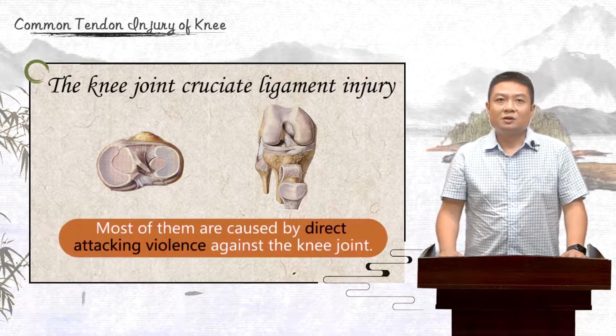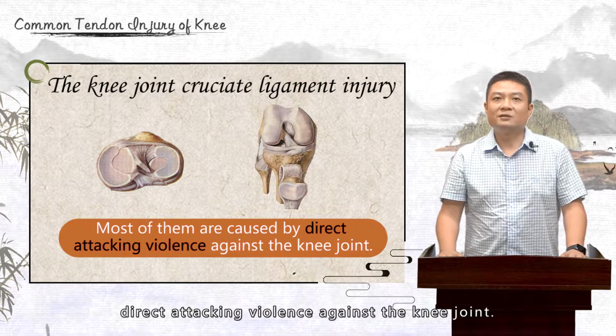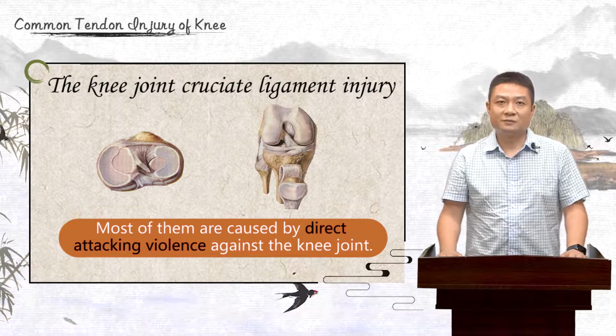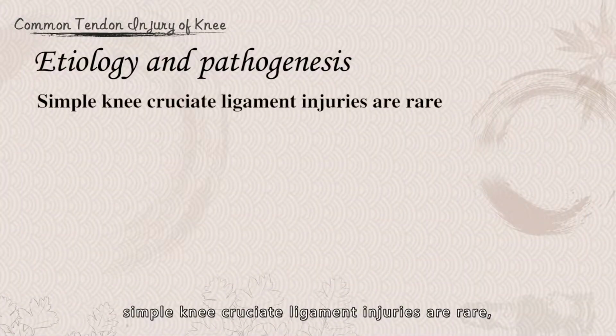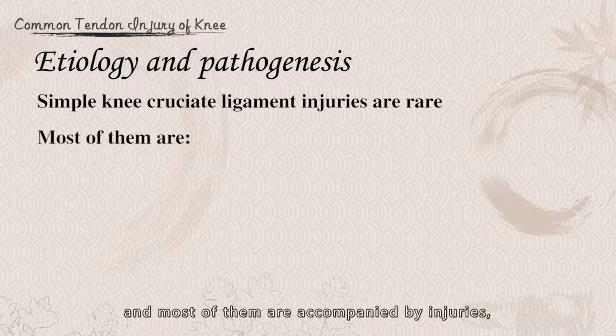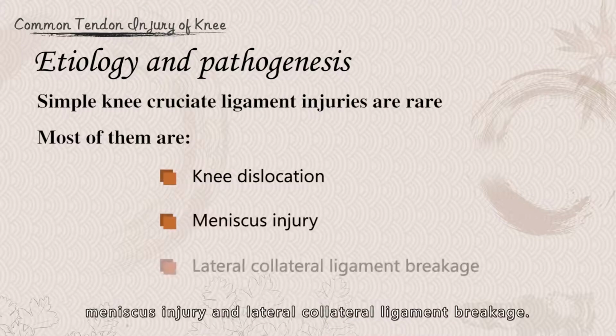In general, most of them are caused by direct violence against the knee joint. Simple knee cruciate ligament injuries are rare, and most are accompanied by injuries such as knee dislocation, meniscus injury, and collateral ligament breakage.